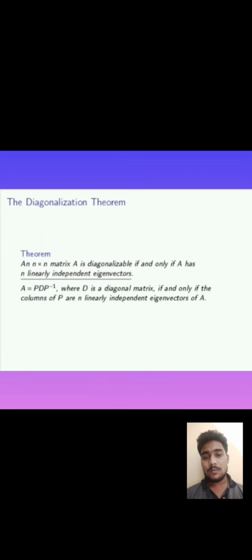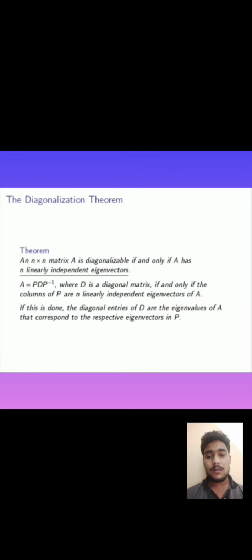A is equal to P D P inverse, where D is a diagonal matrix, if and only if the columns of P are n linearly independent eigenvectors of A. If this is done, the diagonal entries of D are the eigenvalues of A that correspond to the respective eigenvectors in P.